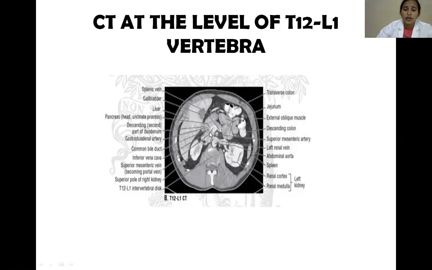Just in front of it you are going to see the inferior vena cava, and in front on either side of it you are going to see the coils of the intestine, mainly the jejunum. And on the left side you are going to see parts of the large intestine. This is the part of the transverse colon, this is the descending colon.